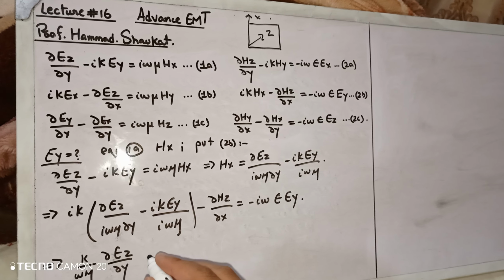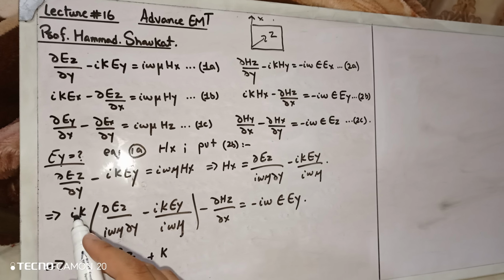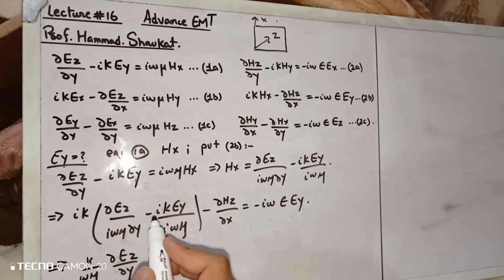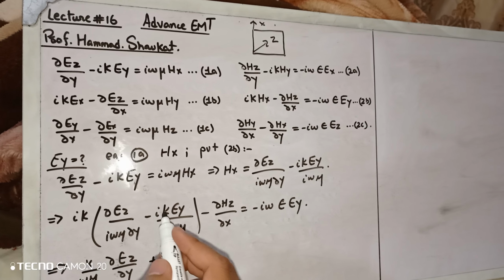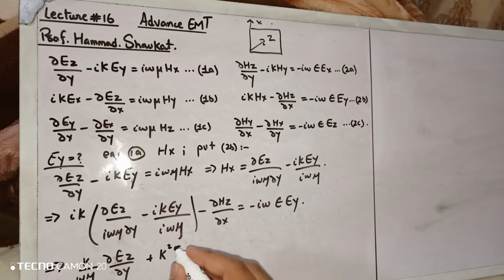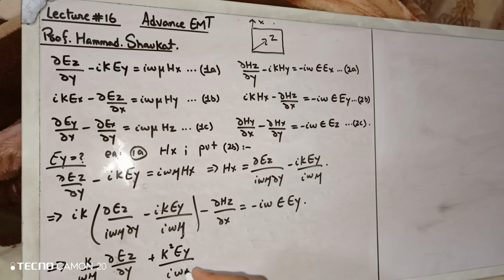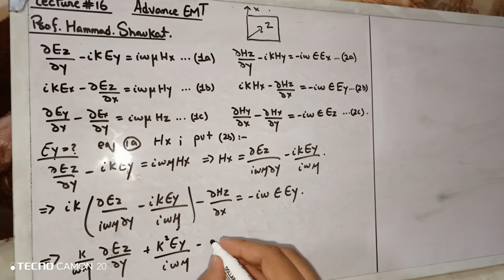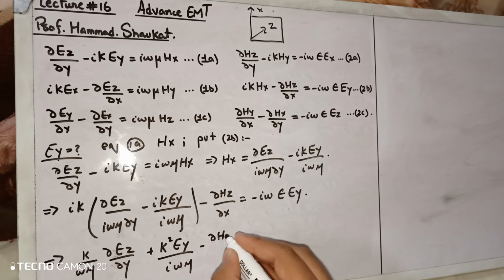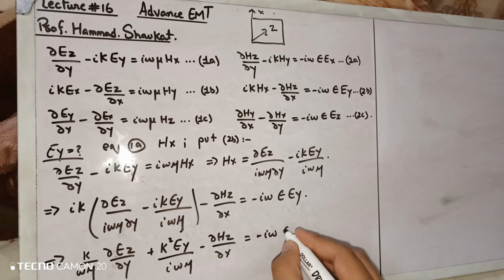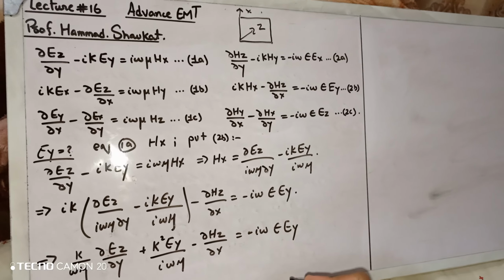So here you can see plus k square, because iota multiplied by iota becomes iota square, which is minus 1, multiplied by minus reverses to plus 1, k multiplied by k becomes k square Ey divided by iota omega mu as it is in the denominator, minus partial Hz by partial x, which is equal to minus iota omega epsilon Ey.